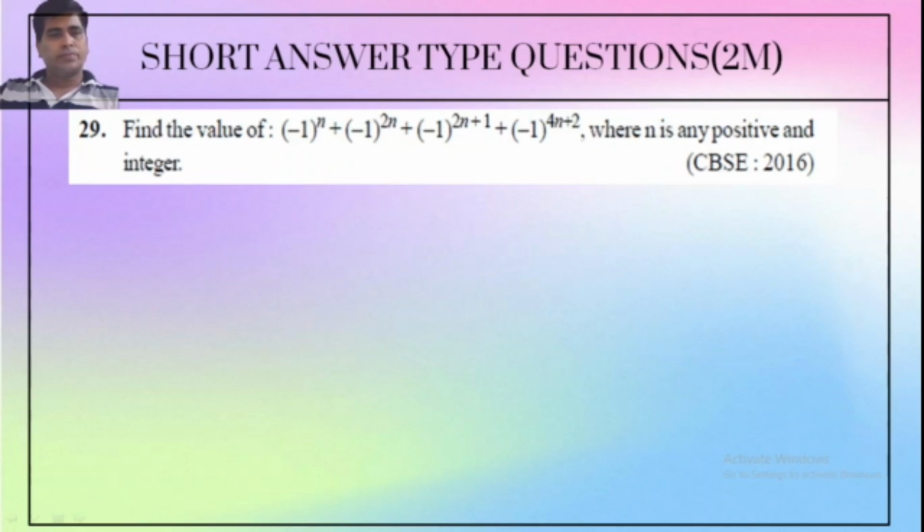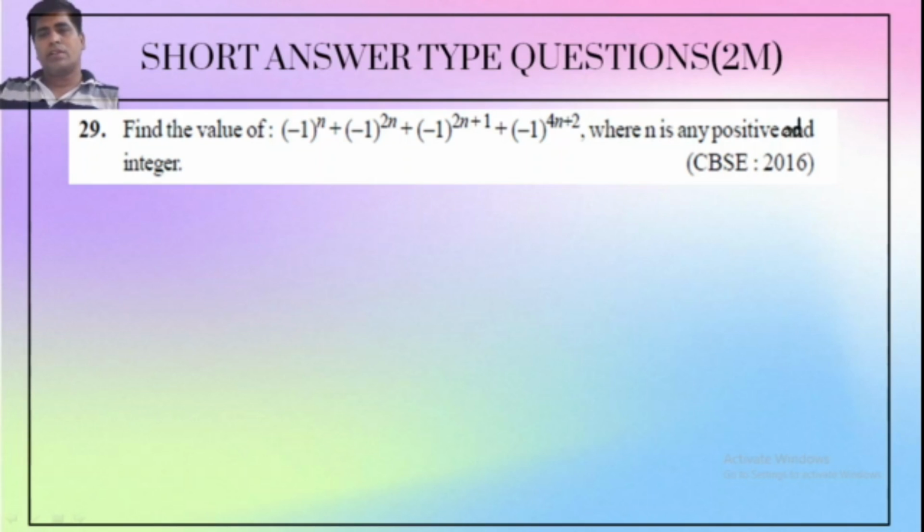Next question. Find the value of (minus 1) power n plus (minus 1) power 2n plus (minus 1) power 2n plus 1 plus (minus 1) power 4n plus 2, where n is any positive odd integer.